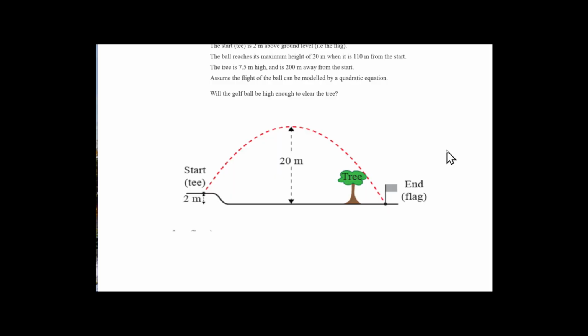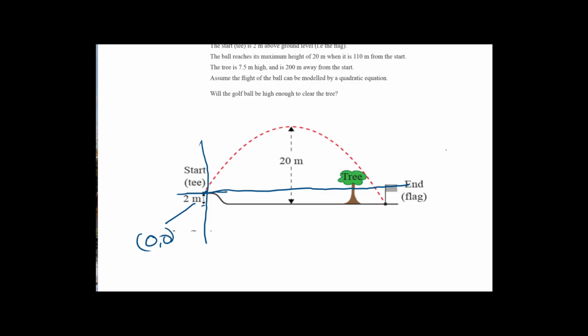So first thing I'm going to do, I'm going to note that this is a parabola, and I'm going to set the origin point here. And the reason I'm going to do that, you'll see why in a second. So I know that this is a parabola and it's going to take off at point 0, 0. If we had the 0 point down here, it's going to be messy.